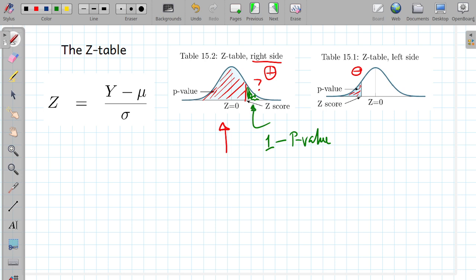Now there's a shortcut. You don't have to go 1 minus for that. You'll notice that if you pay close attention to this, this is a symmetrical curve. The left-hand side of the curve here and the right-hand side of the curve are exactly the same. And that means the regions in the tail, a tail region like here, for instance, is mirrored over here.